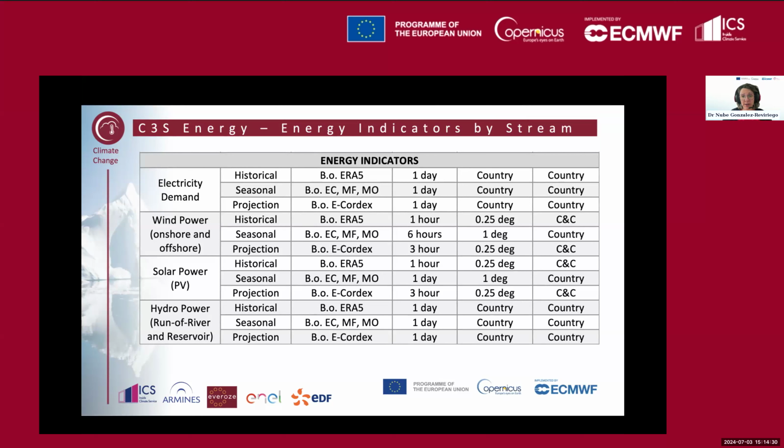For the capacity factor of wind, solar, and hydro, it will be hourly and daily, depending on the technology. You can see the table here, and again we are providing both gridded data and country and sub-country aggregation.